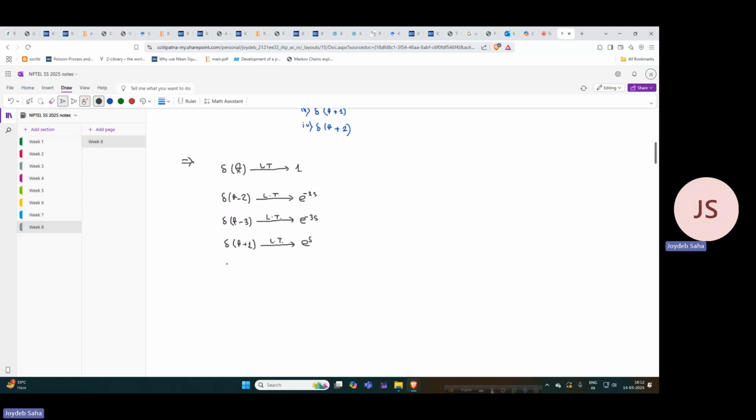And if we have delta t plus 2, its Laplace transform will be e to the power 2s, right? So these are the solutions.